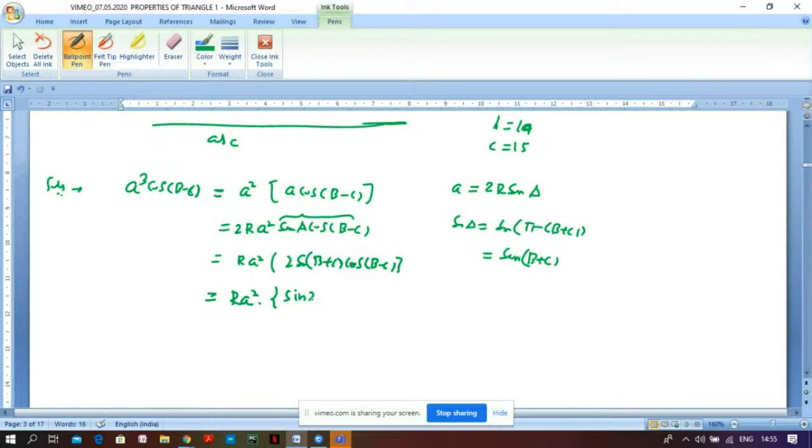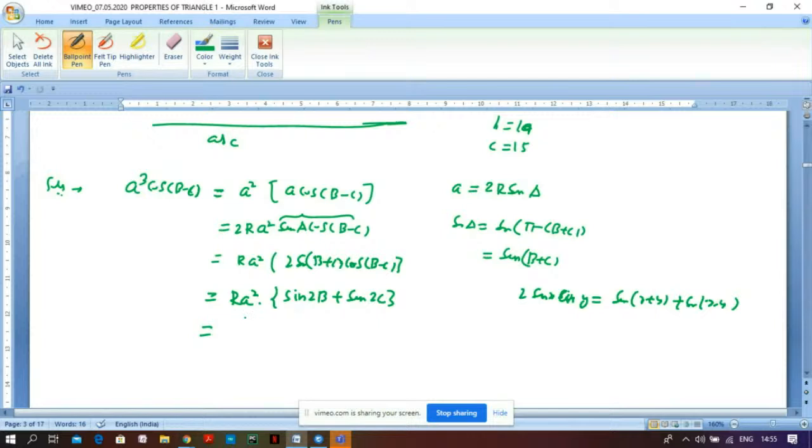So sine of a plus b, so sine of 2b, and then plus sine of a minus b, so sine of 2c. So I have used 2 sine x cos y, just take x and y to avoid the conflict of notation. So sine of x plus y plus sine of x minus y. We have done this. Now we have got this kind of thing that R a squared sine B cos B.